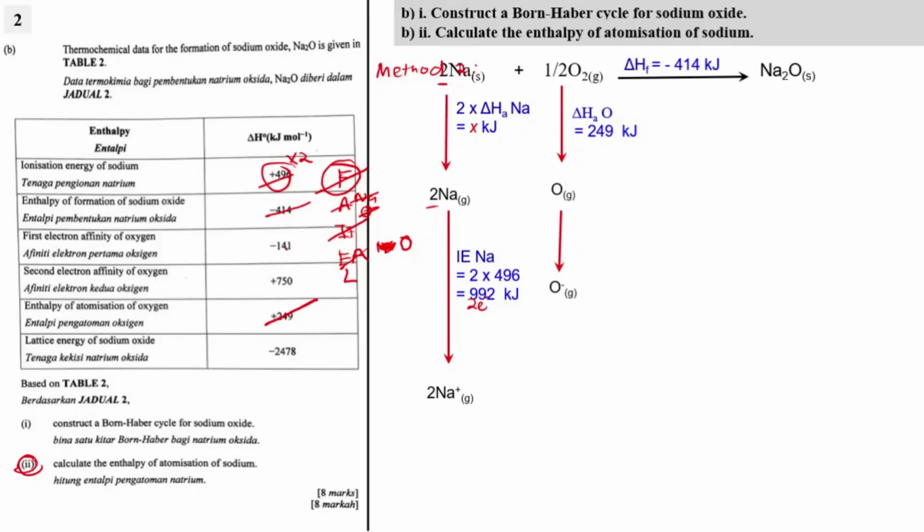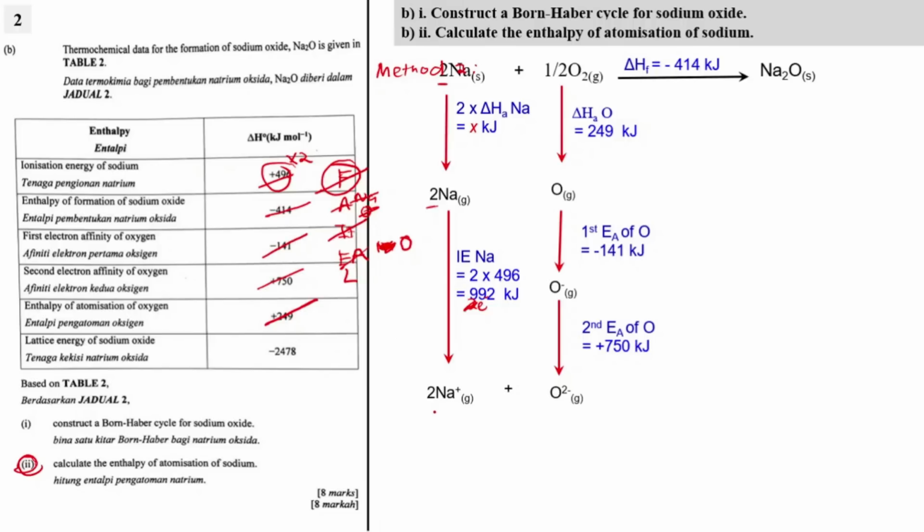It's going to have the value of negative 141. Then another electron will be attracted to the O minus, and we're going to have the second electron affinity, which has the value of 750. So negative 141 is done, positive 750 is done.